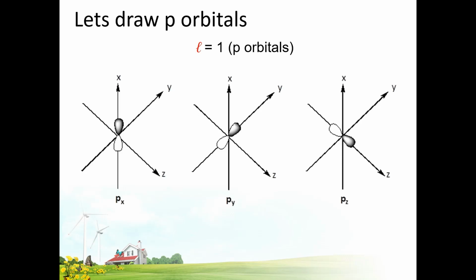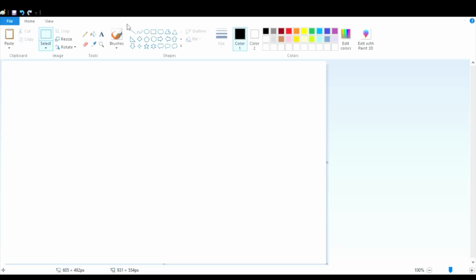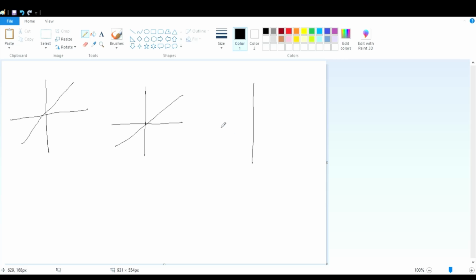Now let's draw p orbitals. There are 3 types of p orbitals. So before anything, we would like to draw the axes. We have 3 sets of axes.